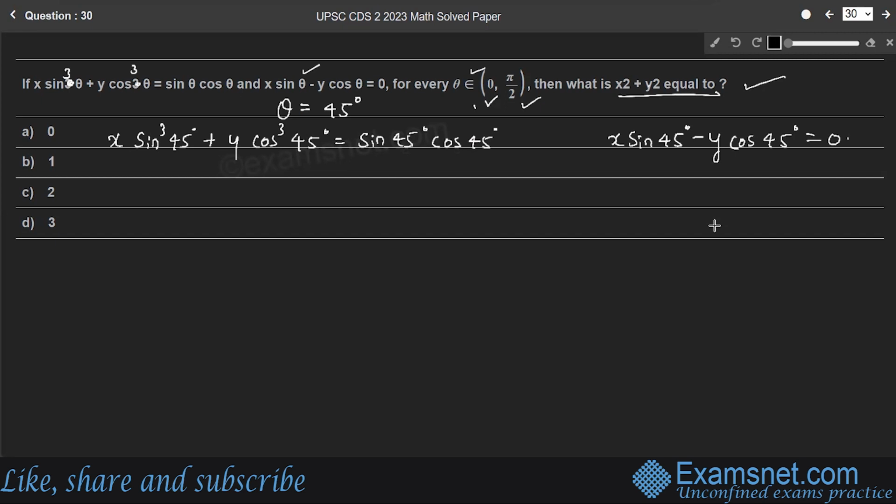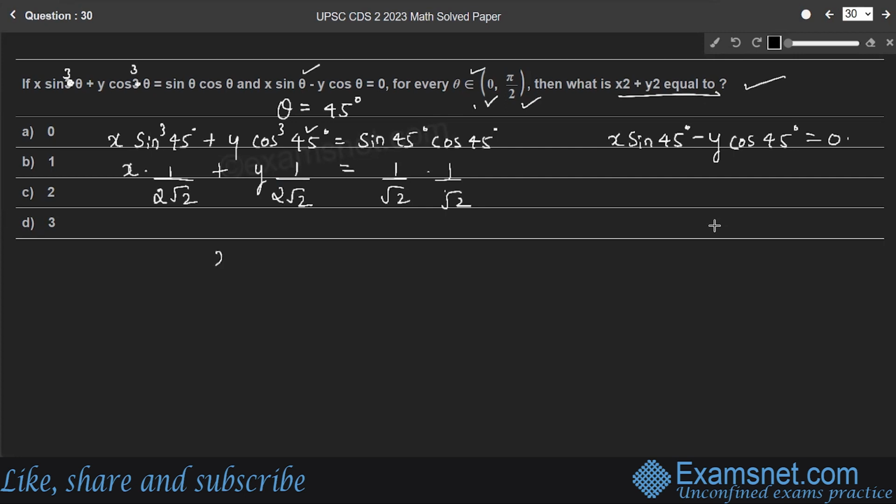Solve these two. Sin 45 is 1 by root 2, therefore sin cube 45 becomes 1 by 2 root 2. Plus y, cos 45 is also 1 by root 2, therefore cos cube 45 becomes 1 by 2 root 2, is equal to sin 45, which is 1 by root 2, into cos 45, which is 1 by root 2.